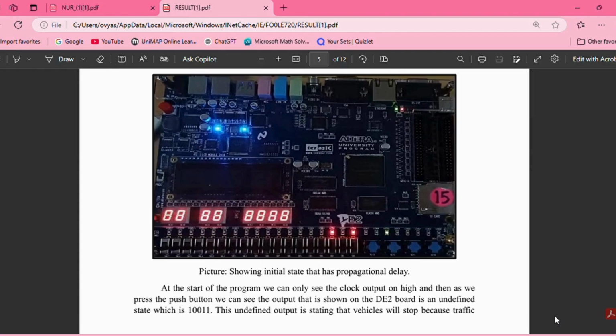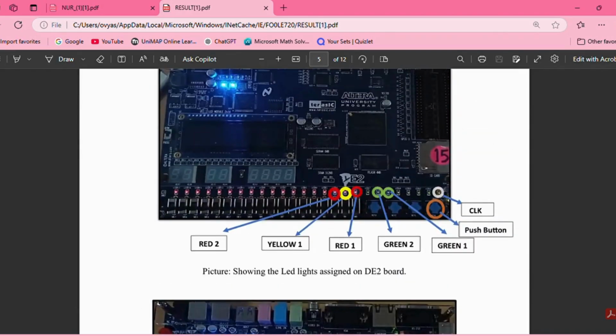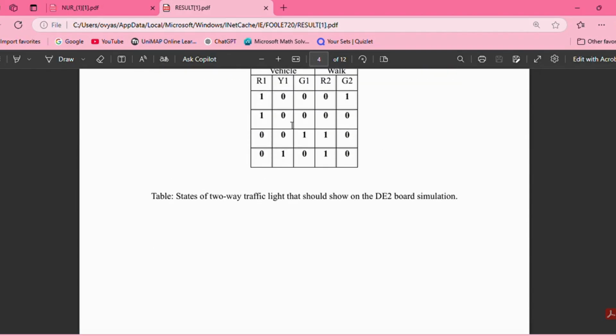If we look back at our state table, we don't have 10011 as our state. We only have 10001 as our first state. So this is definitely an undefined state.